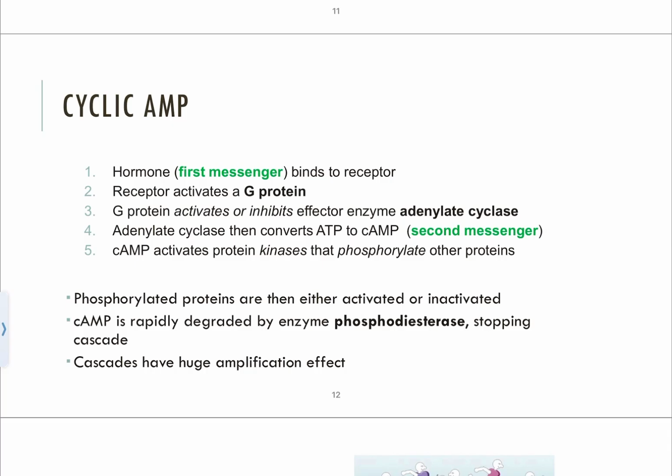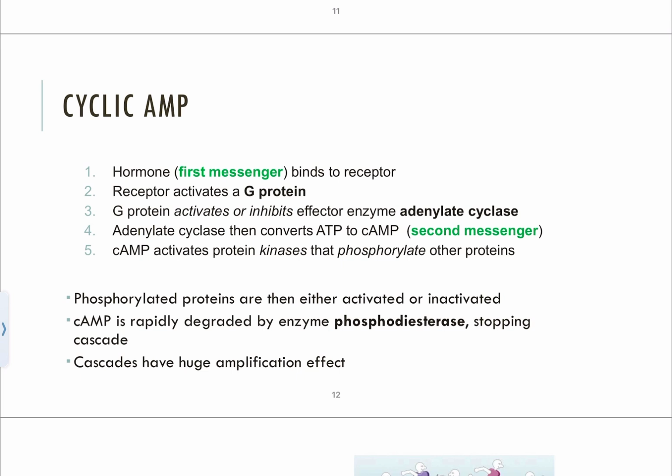Once the hormone binds to the receptor on the plasma membrane, it's going to activate a G protein, and the receptor is going to change shape once it activates the G protein. Basically, we have GTP involved, which is why it's called a G protein. If GTP is bound, then it's going to be on, so it's activated.